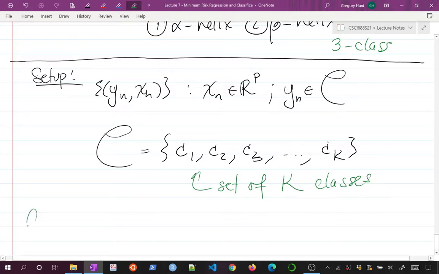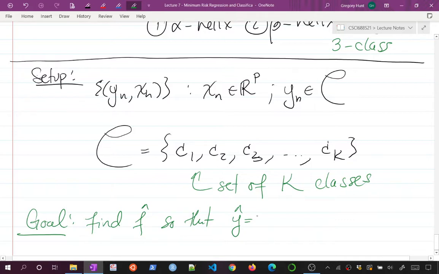Our goal is to find some f hat so that y hat, which will be C1 or C2 or C3, one of these classes, which is f hat of x, for some x, is approximately whatever my true y is.